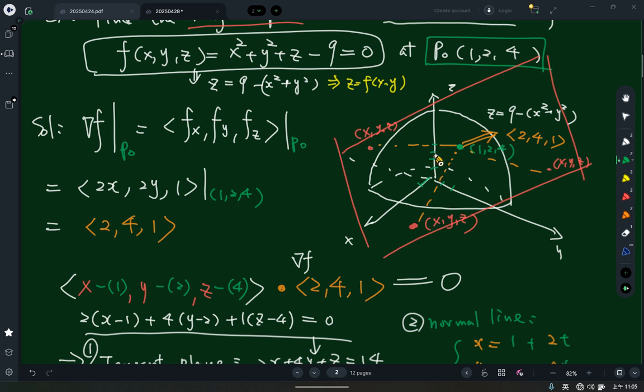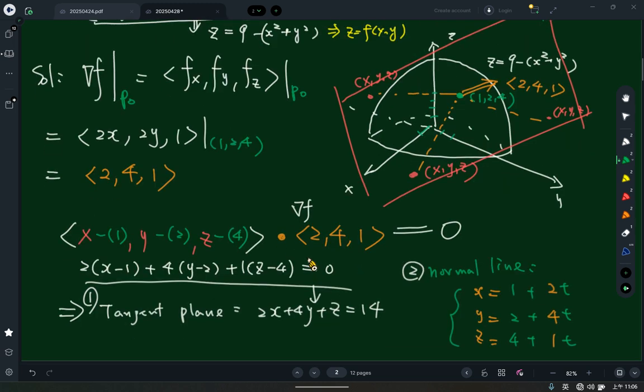Maybe this one, or this one, or this one. No matter which, these vectors are all orthogonal to the gradient vector. So we take this typical vector and take its inner product with the normal vector, and through this we get its tangent plane.